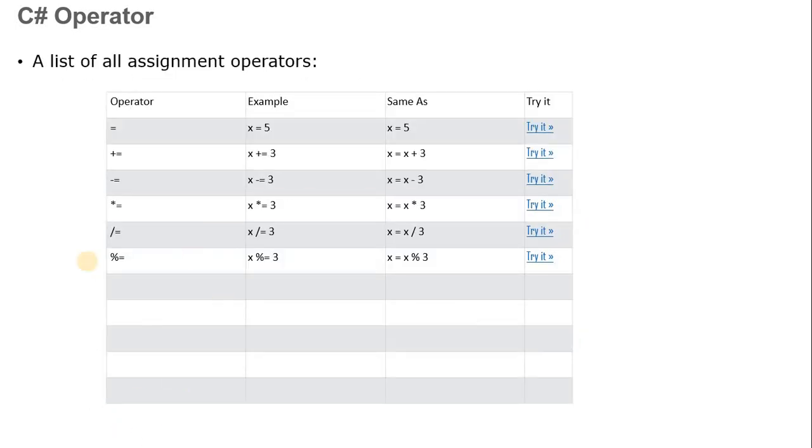Here I have used the same example: x is equal to 5, x plus equal to 3, x is equal to x plus 3, x is equal to x minus 3, x is equal to x multiplied by 3, x is equal to x divided by 3, x is equal to x mod 3. These are the examples I have mentioned.